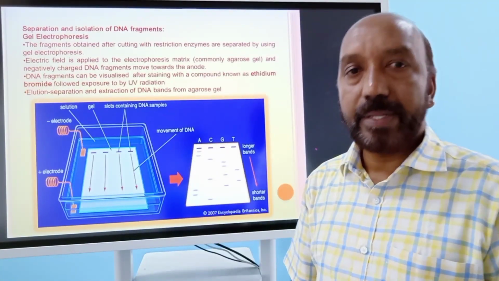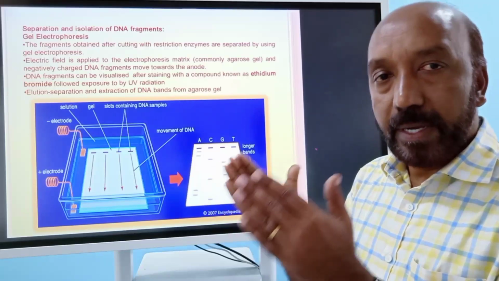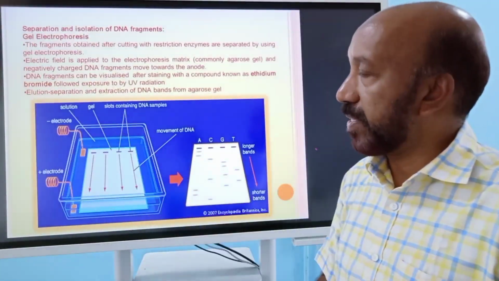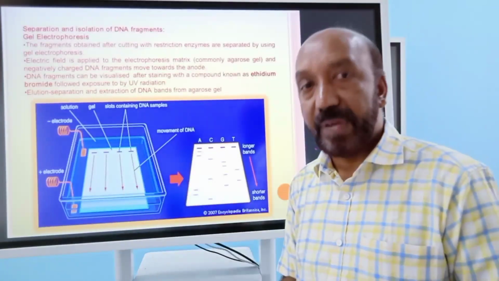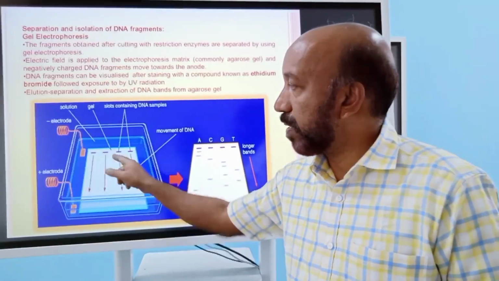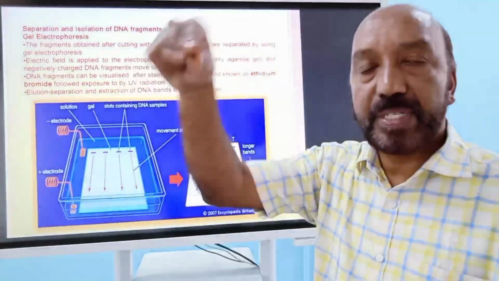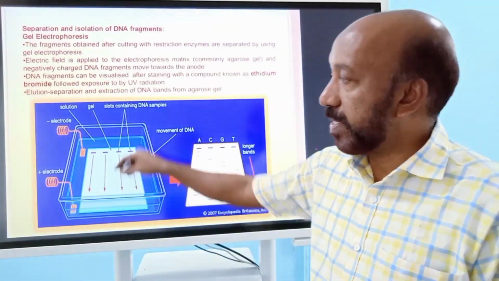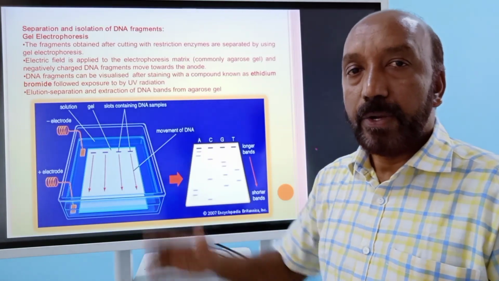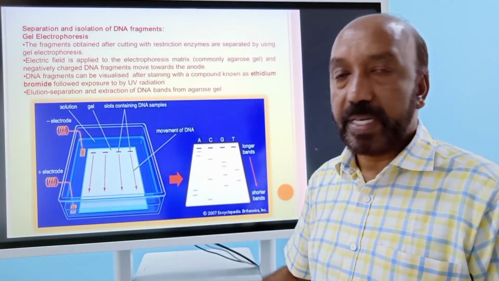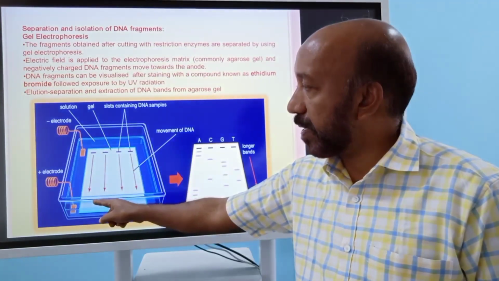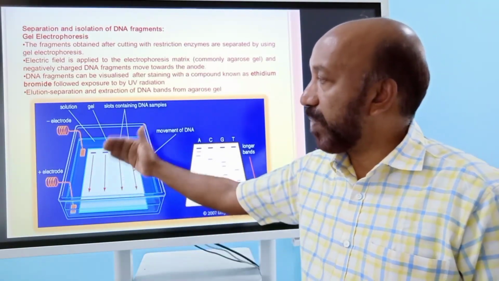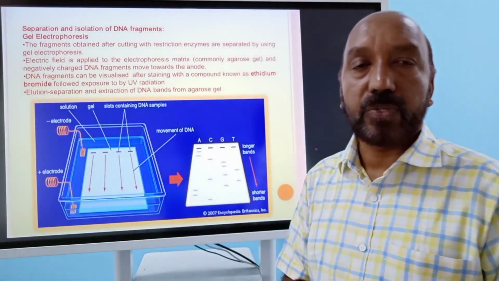In controlled conditions, in the electrophoresis machine, which has an electric field, there are ports in which we add the liquid suspension containing the DNA fragments. When the electric current is applied, due to their negative charge, the fragments move towards the anode, based on which we can identify the fragments of DNA.